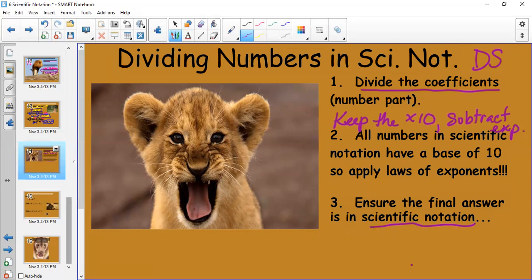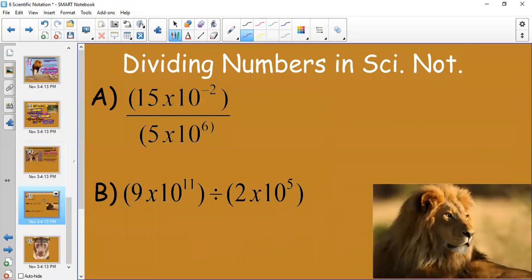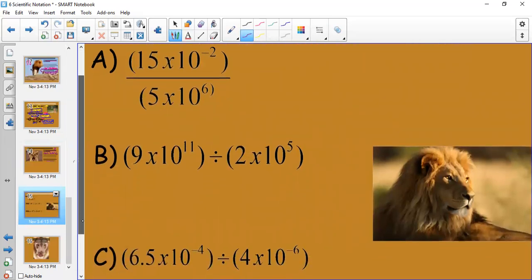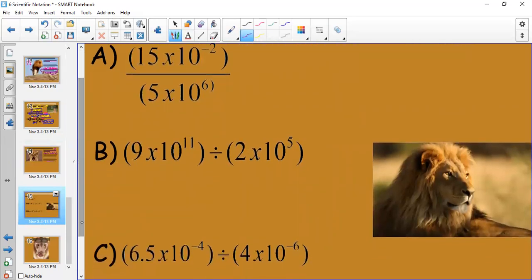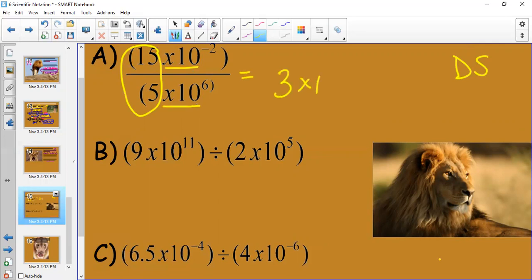All right, so let's do 3 more problems here. Let's slide it down so you can see all 3. Okay, again, we're going to be following the DS rules. So we're going to divide coefficients, which would give us 3. We're going to keep the times 10, and we're going to subtract the exponents.